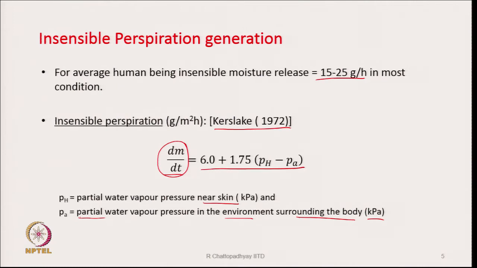So, that means the rate of perspiration generation depends upon the difference in vapor pressure near the skin and vapor pressure in the atmosphere. So, the more the difference, the more insensible perspiration will be generated.